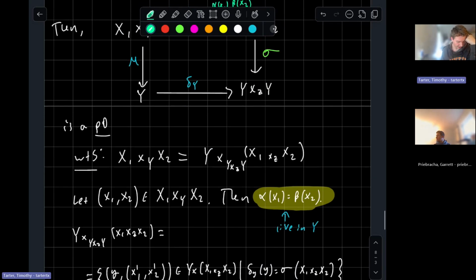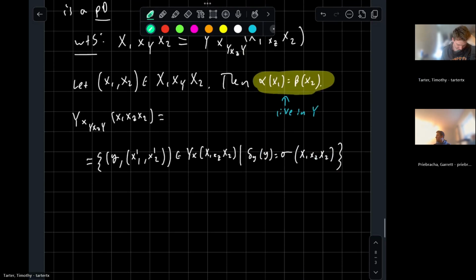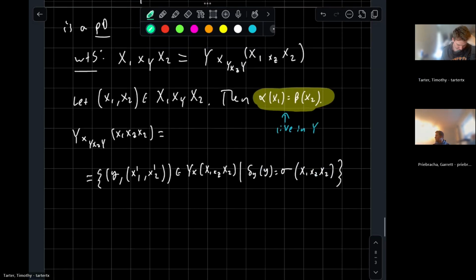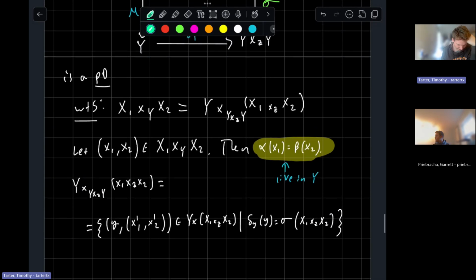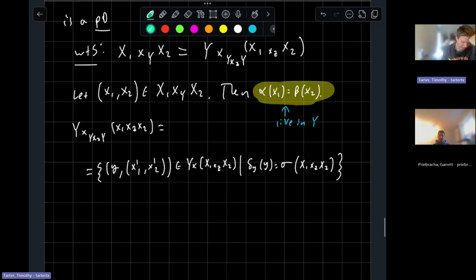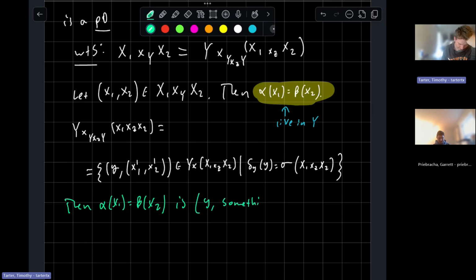Because we can construct that this y is that alpha of x1 equals beta of x2 is y, comma something in this.